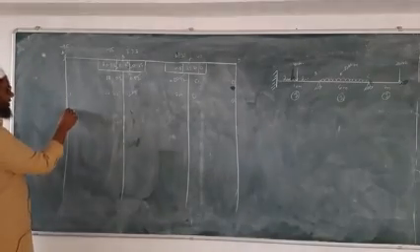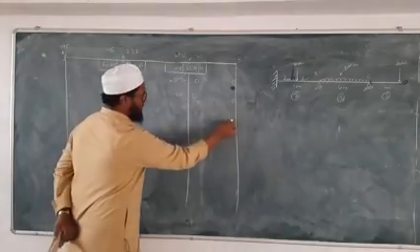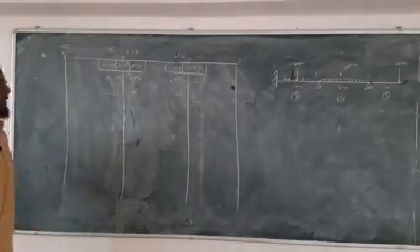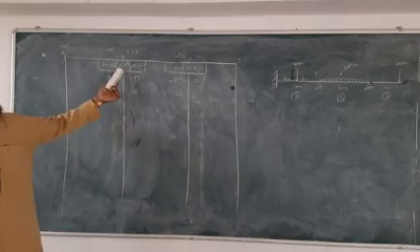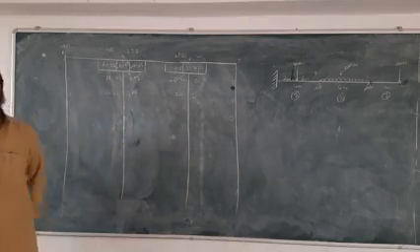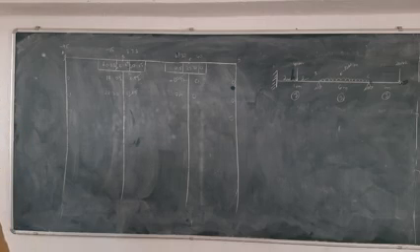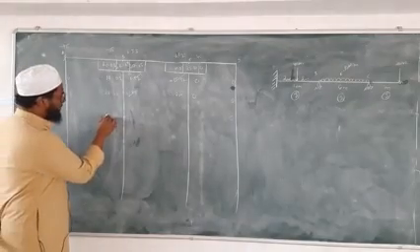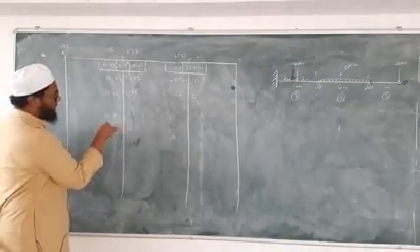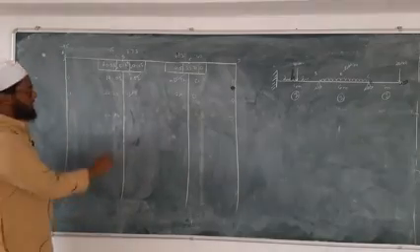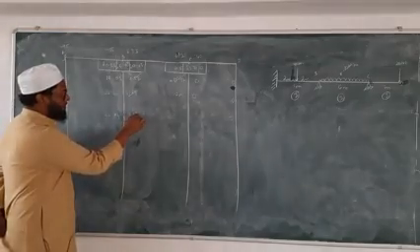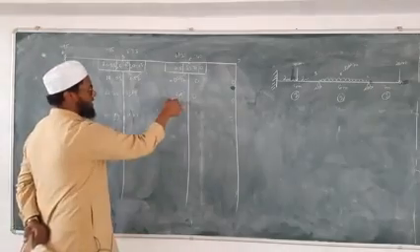This is also 0, 0. Then 51.67 minus 17.24 gives 22.74. Next value, 11.37. You cancel this one.